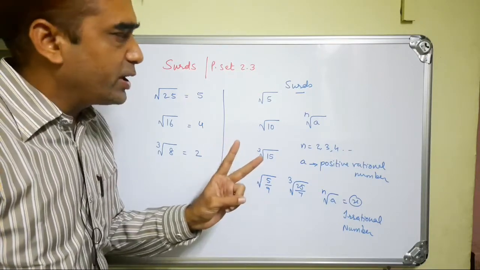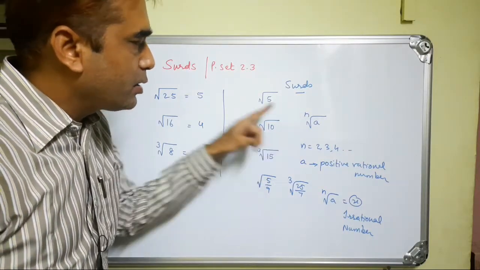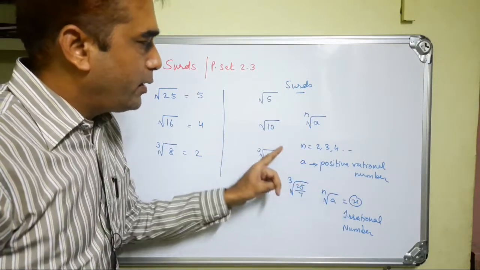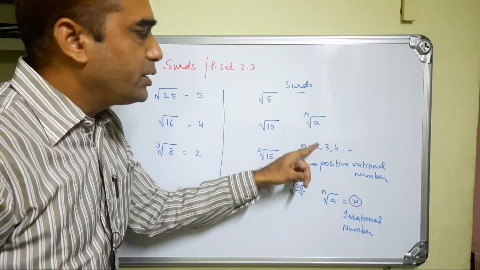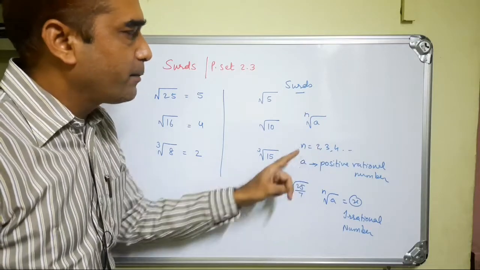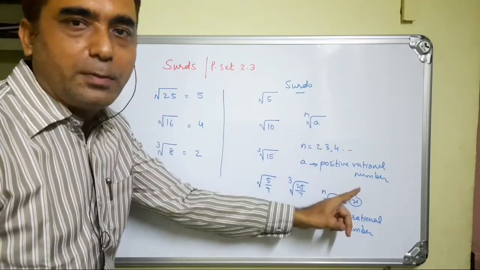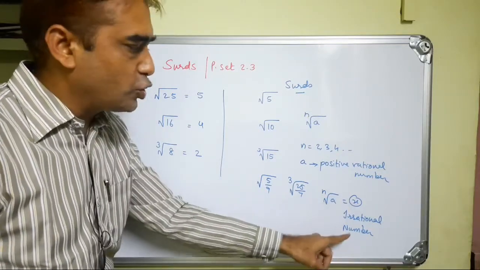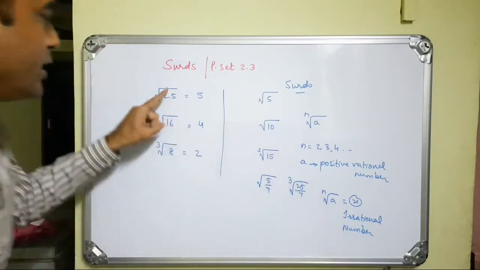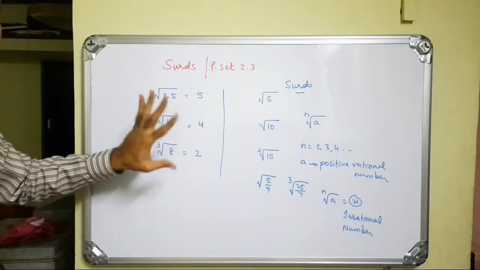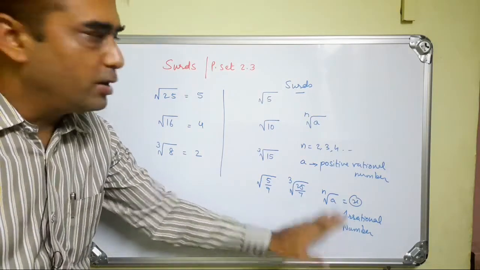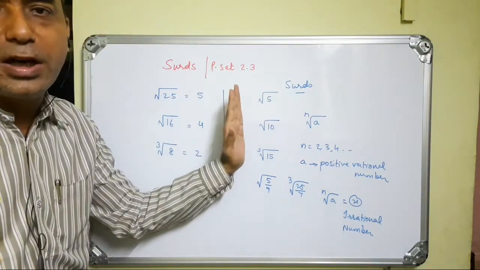There are conditions. Number one, n should be a natural number greater than 1. A should be a positive rational number. And the third condition, its value should be an irrational number. If the value is rational, then it is not a surd. The value should be irrational, then that number is called a surd.